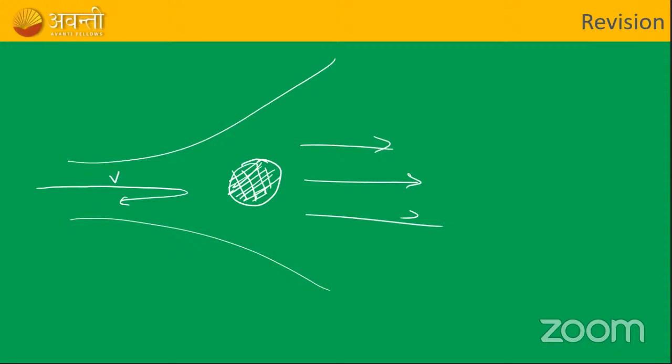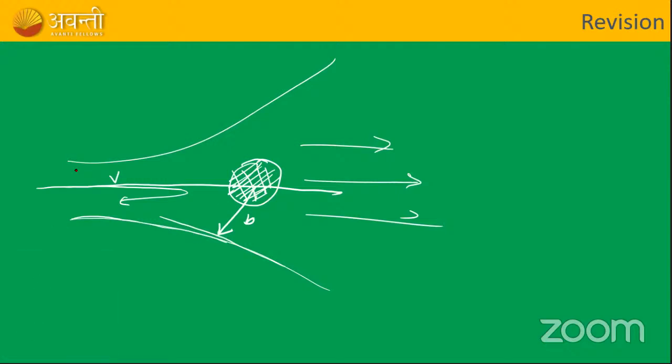So how do we calculate the perpendicular distance? Very simple. I'll draw a line here. This is a center line, and for this I'm going to draw a tangent here. The distance between this center line and the tangent is the perpendicular distance b. Let me tell you one more time.